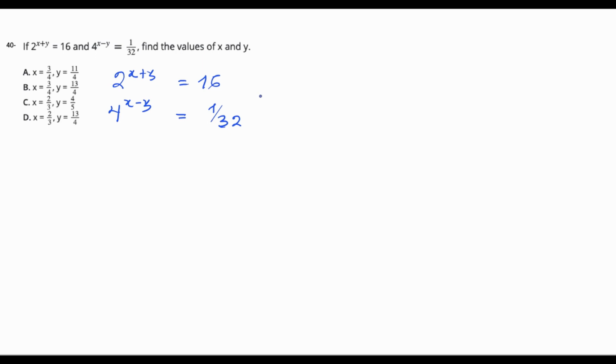Now a good way of solving this is to make our bases equal and then we can equate the powers. A good law of indices to know is that if a raised to the power m is equal to a raised to the power n, if the bases are the same, then m has to be equal to n.